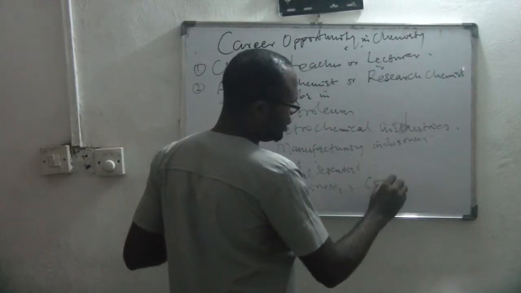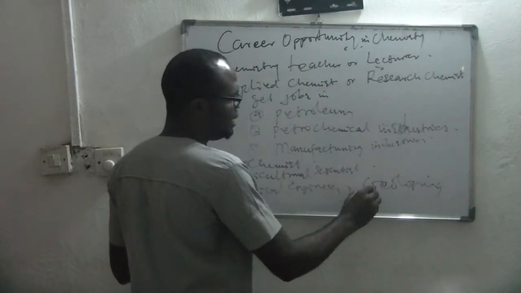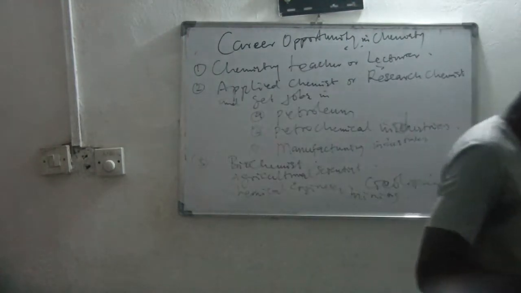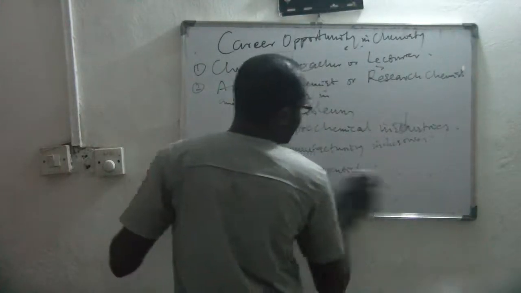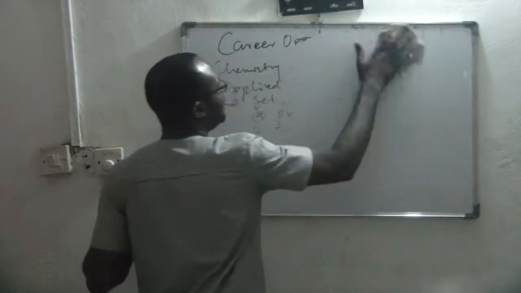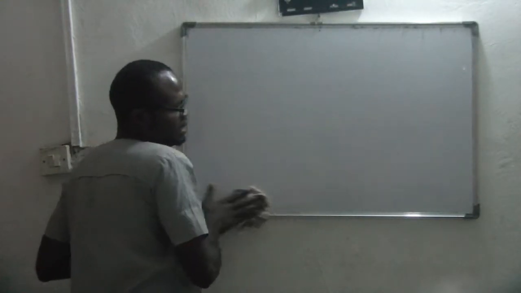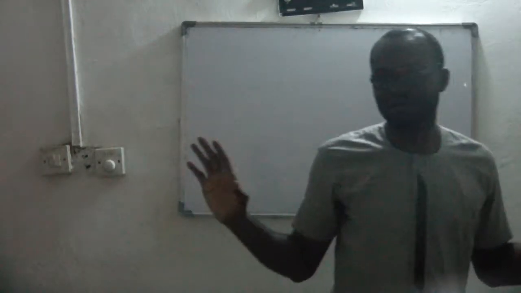So when you study chemistry, you can also work with geologists, so that you can go in the areas of mining and so on and so forth. There are plenty of opportunities that are there in chemistry. You understand? So the higher you go in the studies, the clearer it becomes to you to make the right choice of where you want to settle in.